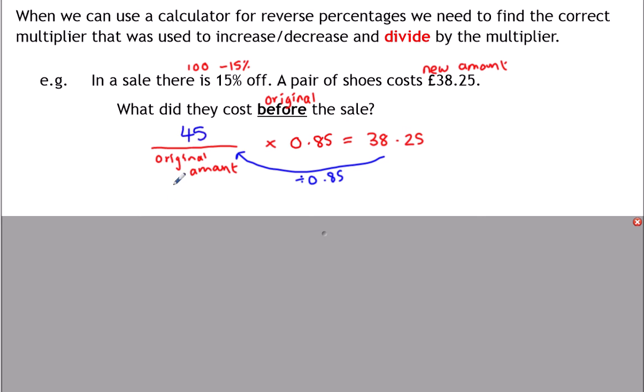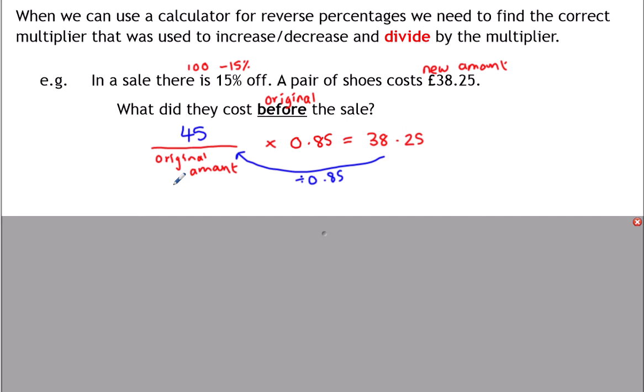Now what I should point out here is a common mistake. People think that if there was 15% taken off, then you should make it increase by 15%, and so people would wrongly times by 1.15. That doesn't work. If you remember back to last lesson, I showed you a question where increasing by 10% and decreasing by 10% were not opposites of each other because it was 10% of two different numbers.